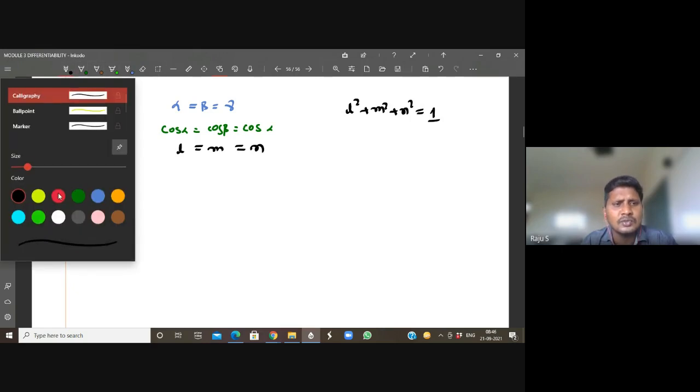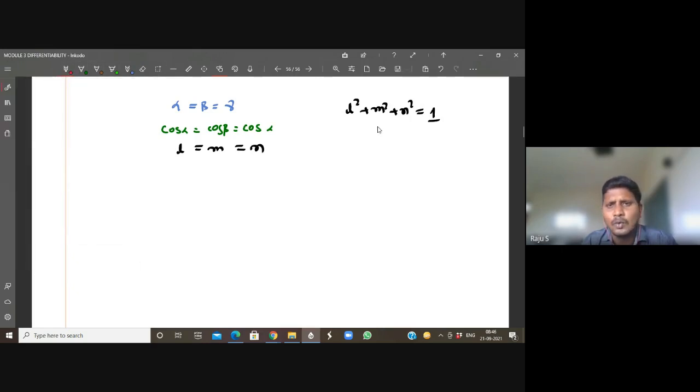Now we can substitute that value. L is cos square alpha, M is cos square beta, plus cos square gamma is equal to 1. Since cos alpha is equal to cos beta, I write cos beta also as cos alpha, and cos gamma also equal to cos alpha. So 3 cos square alpha is equal to 1.